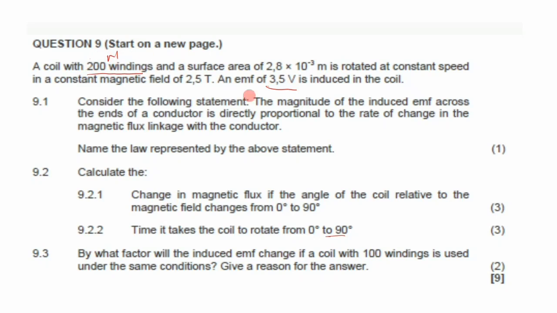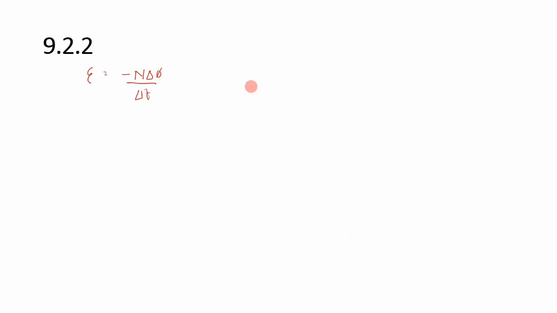So this is our N and this is our EMF, and we are looking for time. So substitute 3.5, the induced EMF, and the number of windings, that's 200. But remember, in the previous question we calculated the change in magnetic flux, that's negative 0.007 Webers, over delta T.